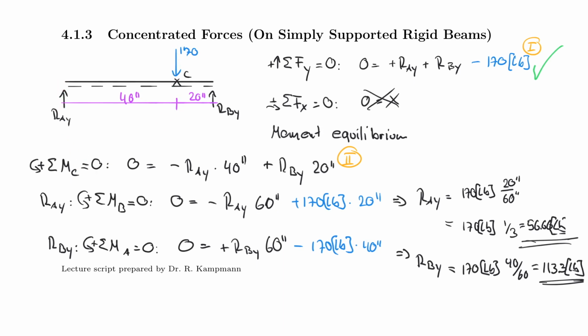And so please do not fall into the trap of following the direction of the arrow. Some people would say, hey, 170 points downwards, therefore it's negative. But that is not the full story, right? The negative does not come from the fact that the 170 is pointing downwards. The negative only comes from the fact that the 170 rotates clockwise about point A. And that is an important concept to understand.